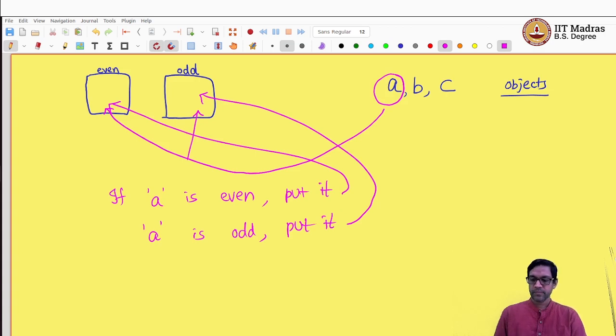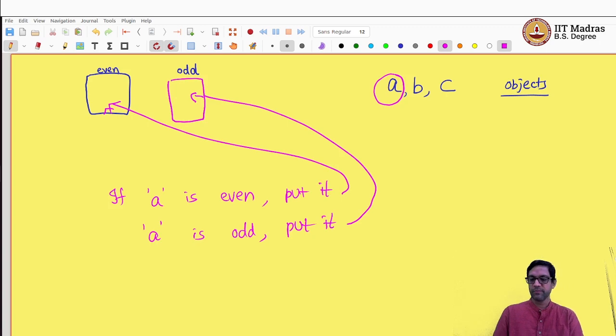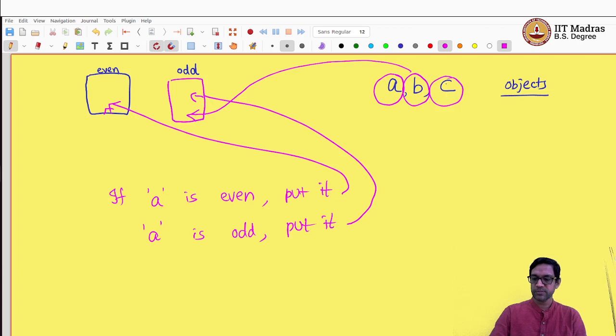This is going to be my algorithm. Then similarly, when B comes along, I will see whether it's even or odd. Depending on whatever it is, I will put it into that box. So maybe C was odd. Whether C is even or odd, depending on that, I will put it in the box.